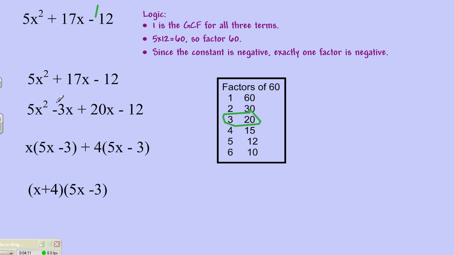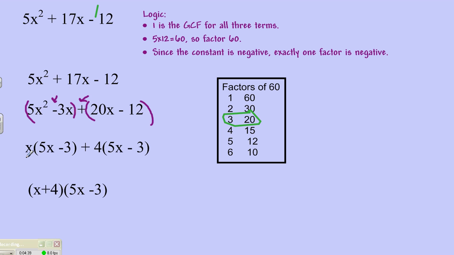So 3 will be negative and the 20 will be positive. Then I group the first two terms and the last two terms and pull out the greatest common factor. The first two, the greatest common factor is x. Second two, the greatest common factor is 4.